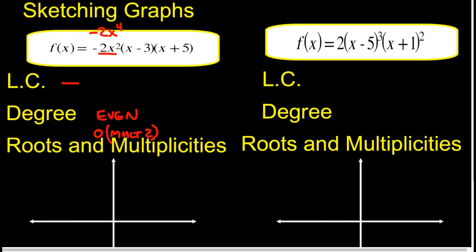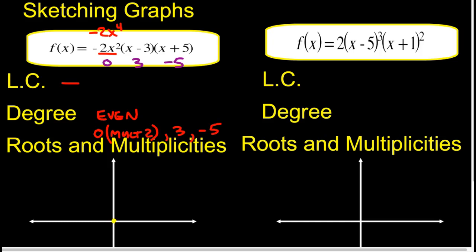If negative 2x squared is a factor, or if x is a factor, 0 is the root that goes with that one. All right, so 0 goes with that stuff, 3 goes with that stuff, negative 5 goes with that stuff. So 3 is the other root, just has a multiplicity of 1, and negative 5 has a multiplicity of 1.